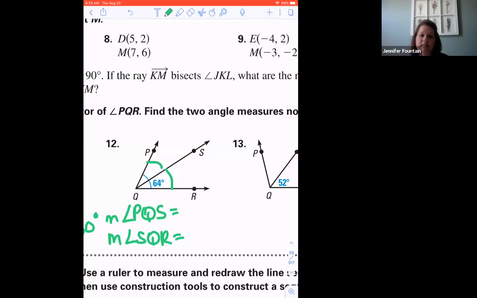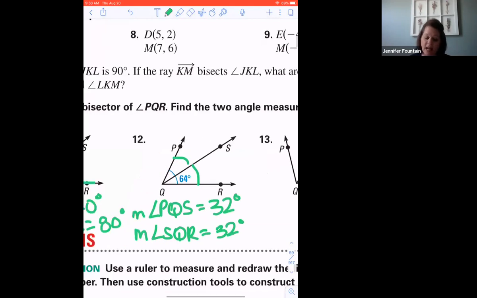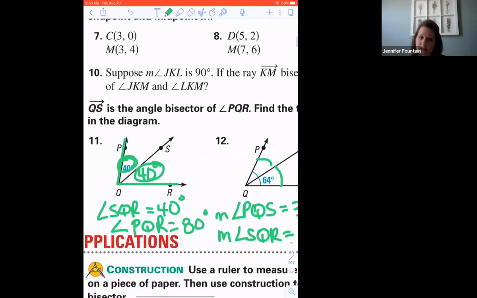I'm going to say 64 divided by 2 is going to be 32 degrees. Everybody good with that one? If I know the whole angle, I'm going to divide by 2. If I know the measure of one angle, I'm going to make the other angle the same measure and then add them together.